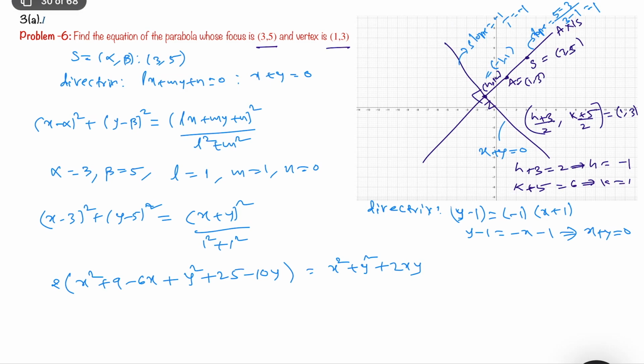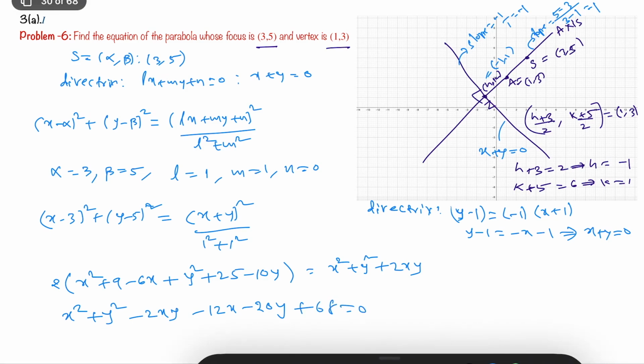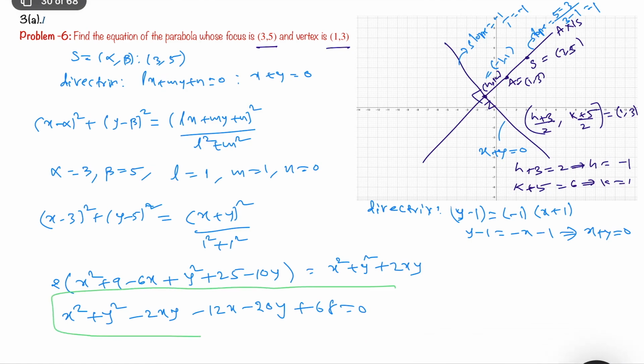If I write this on the left side, then I will have x square plus y square minus 2xy minus 12x minus 20y plus 68 equal to 0. Okay, so this is the general equation of the parabola whose focus is (3, 5) and vertex is (1, 3). Fine.